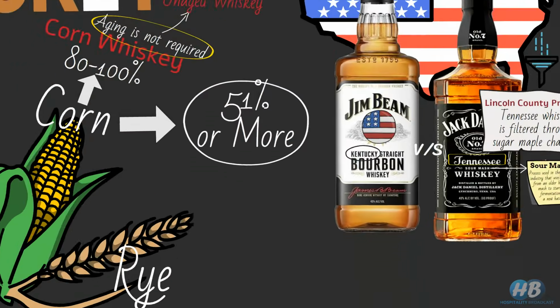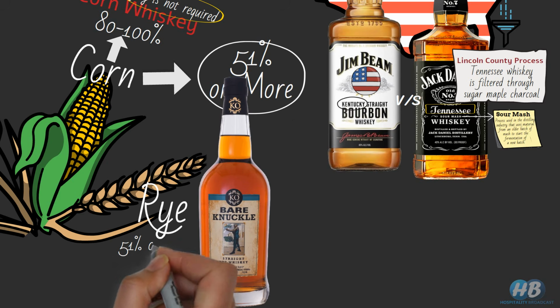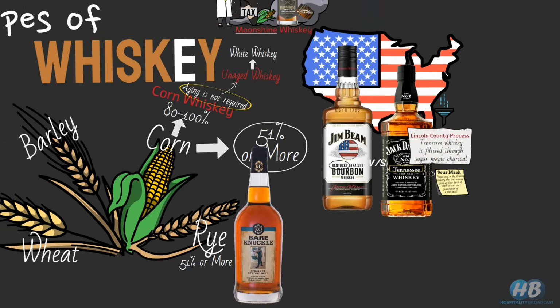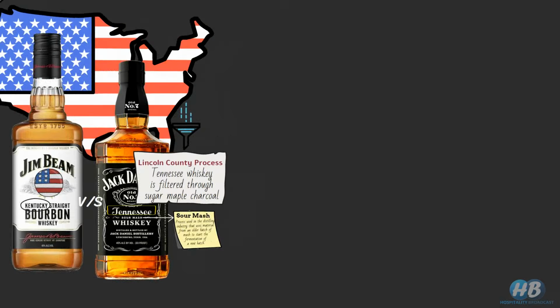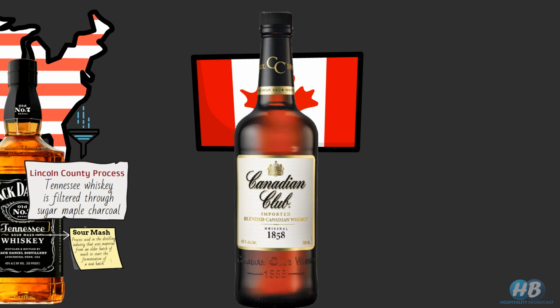Similarly, we also have American rye whiskey. If we use a minimum of 51% rye grain in the mash bill, these American whiskies are aged in newly charred oak barrels. Then we have Canadian whiskey. The whiskey which is produced and aged in Canada is called Canadian whiskey.